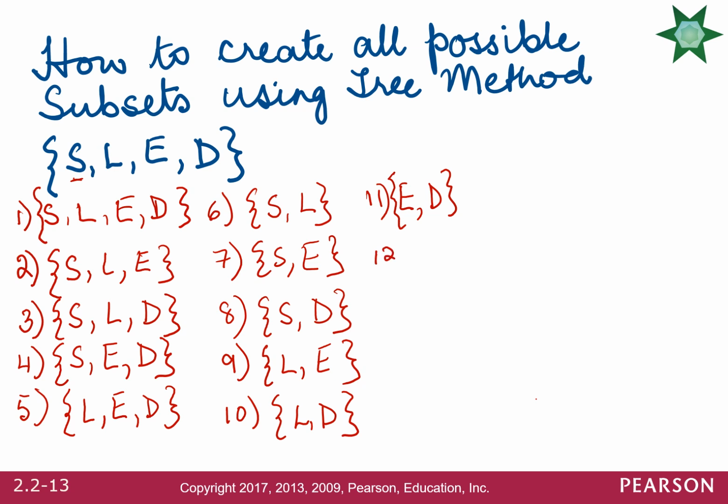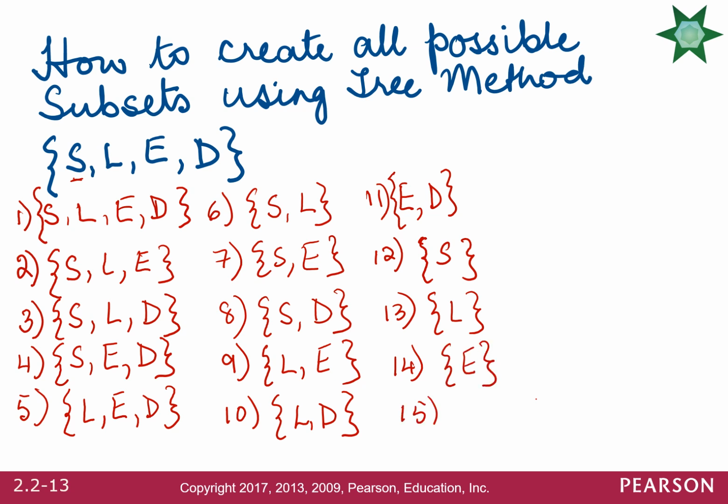I'm going to just write the different elements as separate subsets. So the first one is S, number 13 is L, number 14 is E, number 15 is D, correct? And then we have one last, which is going to be an empty set. Include that one.